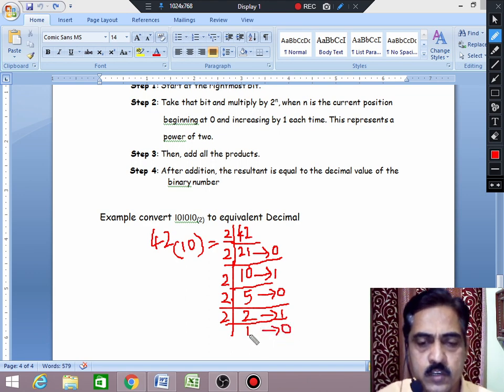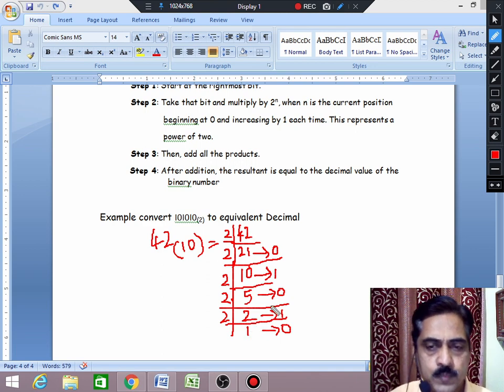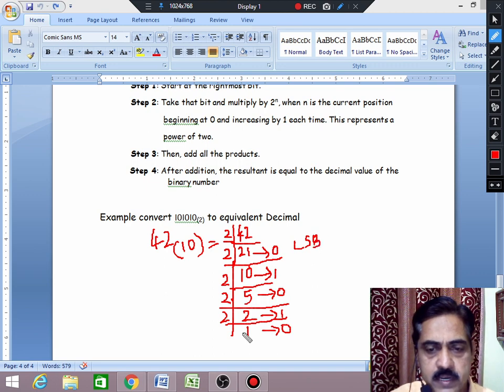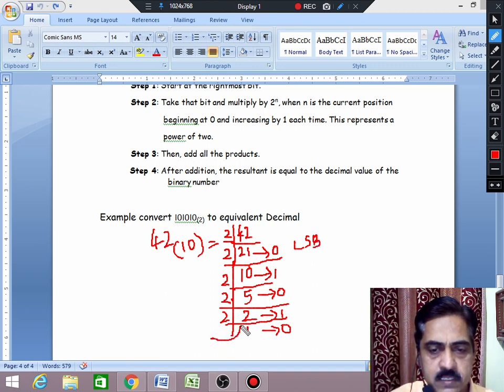Now this 1 cannot be divided by 2. This first remainder is called the LSB, and this last one is called the MSB.